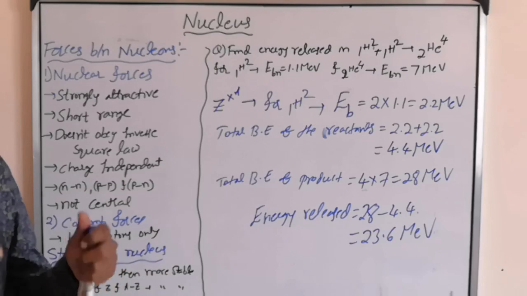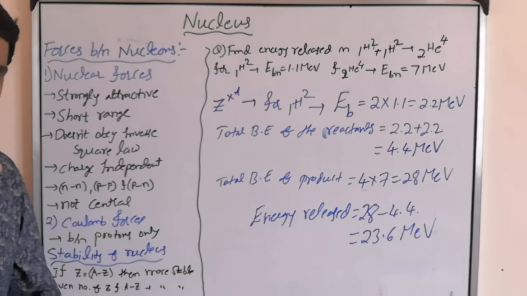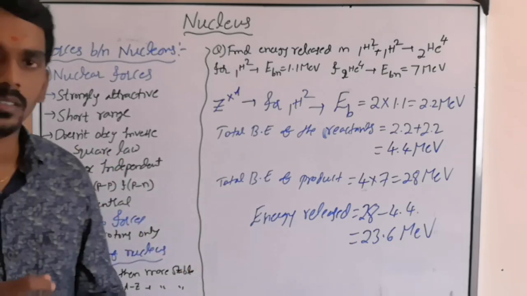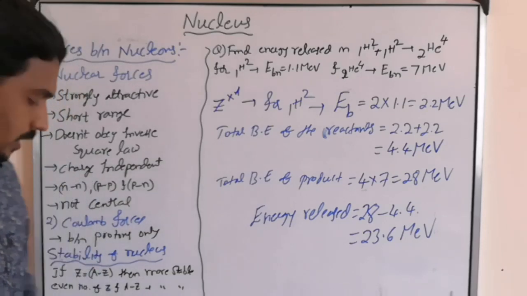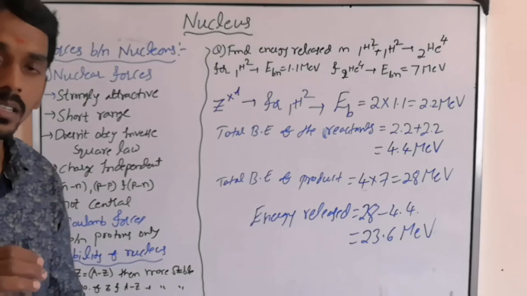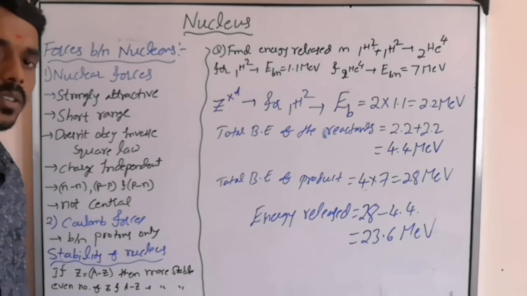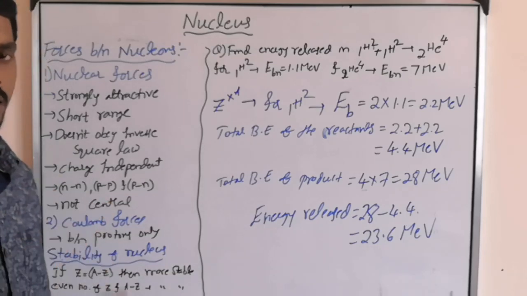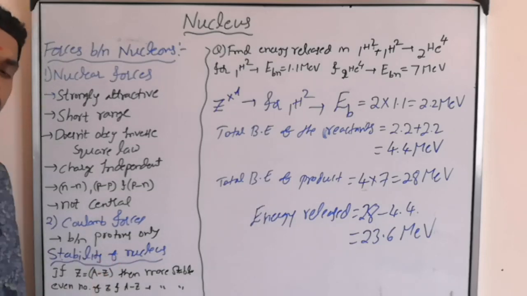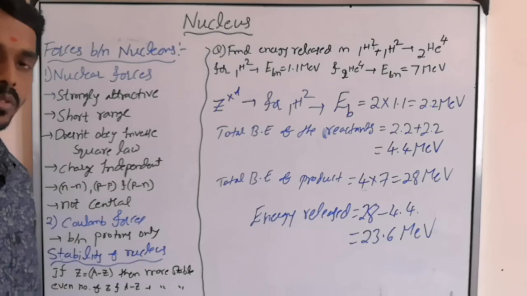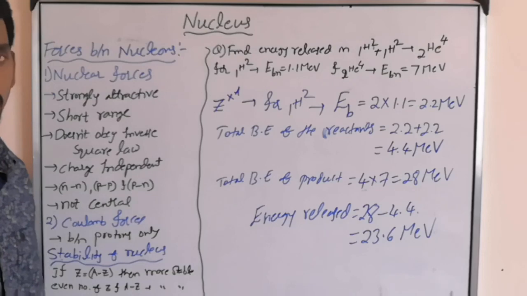Researchers came to a conclusion that in atoms where Z is equal to A minus Z, that is, number of protons equal to number of neutrons, the nucleus is stable. Whichever nucleus satisfies this condition appears to be more stable or stronger compared to other nuclei.